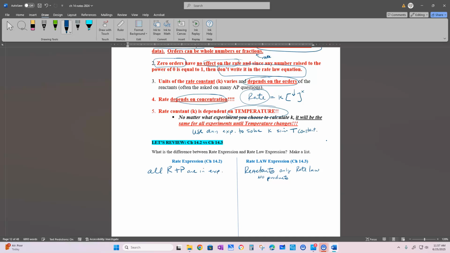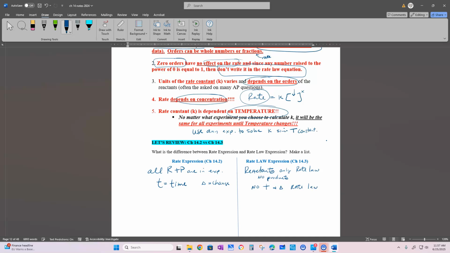With the rate expression, we had little t for time, and we had little triangles for change. Well, you didn't have that. There's no time and no triangles in our rate law.